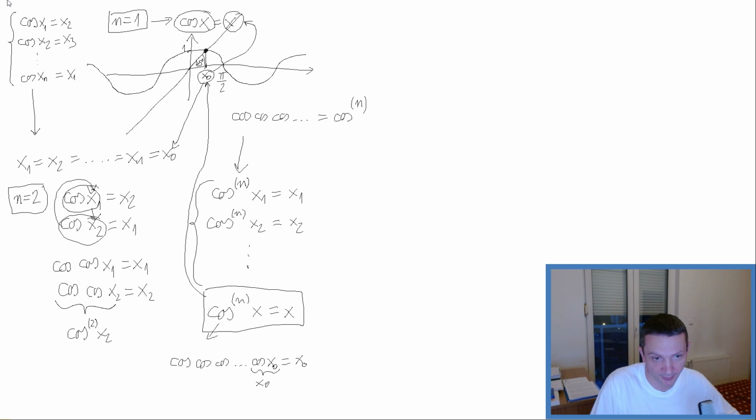And then we have the cosine here of x0 is actually x0, and so on and so on. We simply see that we will finally have cosine of x0, which is x0. So we will have x0 on the left and x0 on the right. So x0, pictured above, this coordinate here, is indeed a solution of this equation here.